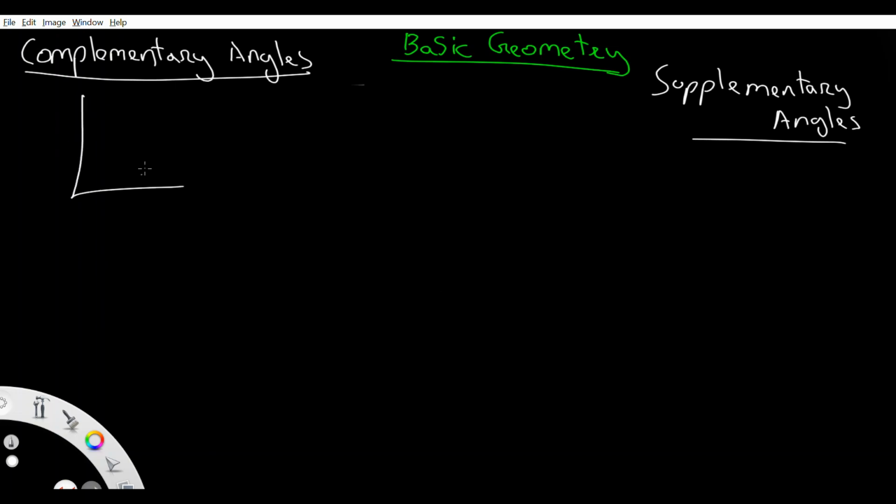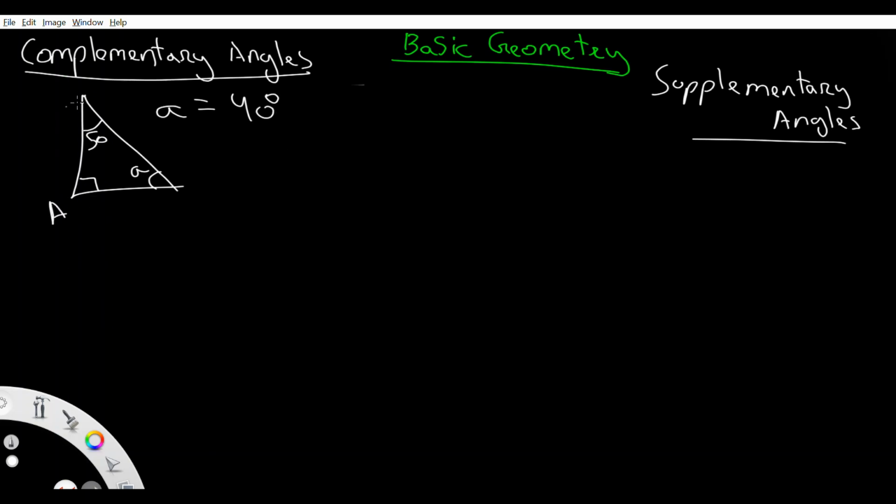So let's say we have a right angle triangle here, and this is angle A, and this is angle B. Now let's say for instance we know that this is 50, and we had to find this angle A. Now the sum of a triangle adds up to 180, yeah? So this is 90 and this is 50. So 90 plus 50 plus what will give us 180? So this A has to be 40.